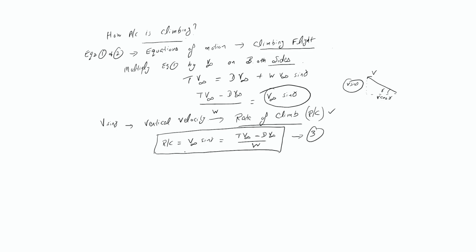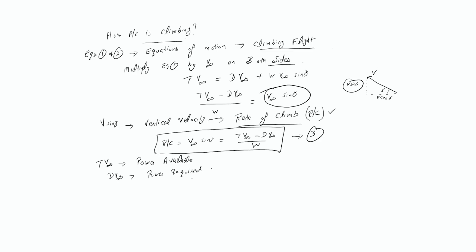Now if you focus here, T V infinity is actually your power available, and D V infinity is power required. Remember D was equal to T R, so this is power required for level flight.